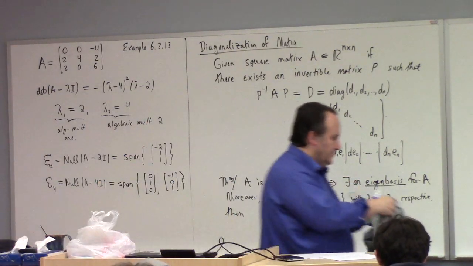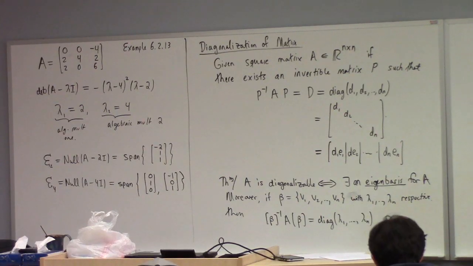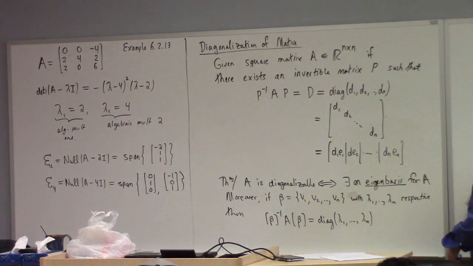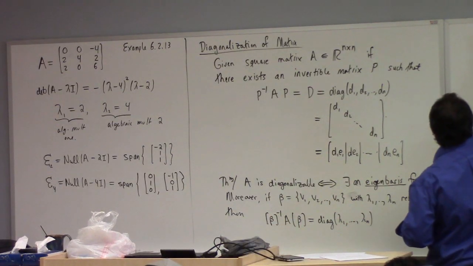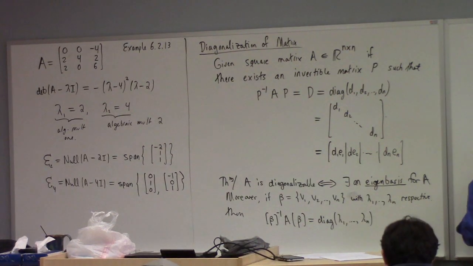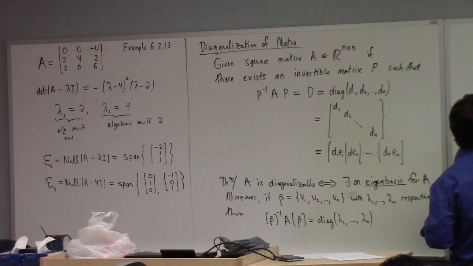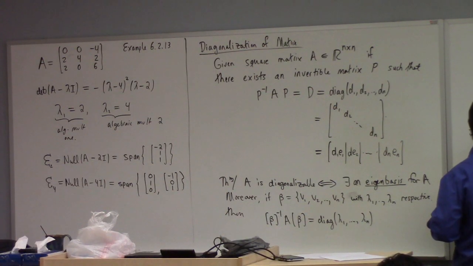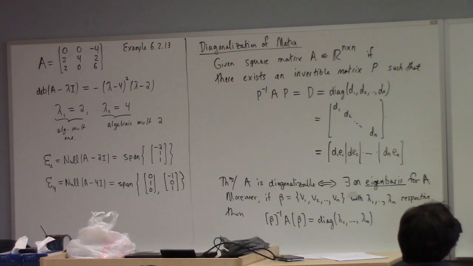Let's see here. So, suppose that A Vi is equal to lambda i Vi for i equals 1, 2, through n, and assume that your set of eigenvectors is linearly independent, right?